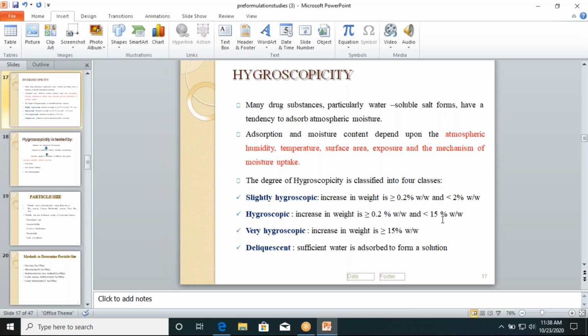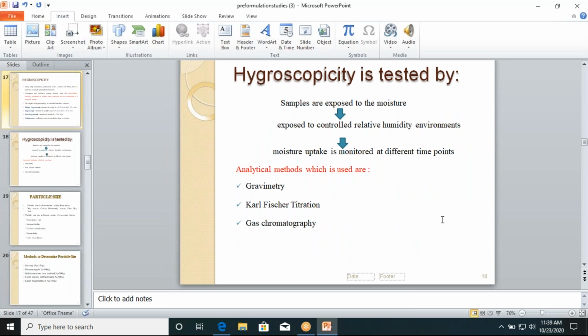Slightly hygroscopic: the weight increases by 0.2% to less than 2% weight by weight. Hygroscopic: the weight increases by between 2% and 15% of its original weight. Very hygroscopic: the increase will be more than 15%. Deliquescent: it will be converted into solution after absorbing moisture.